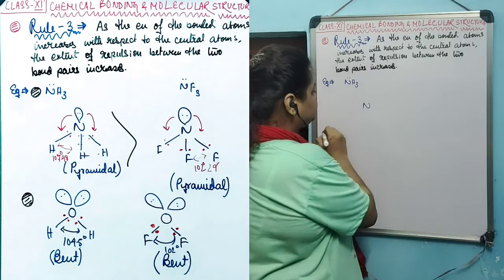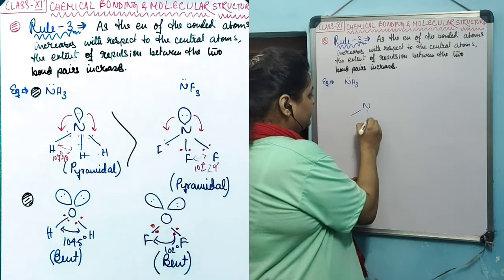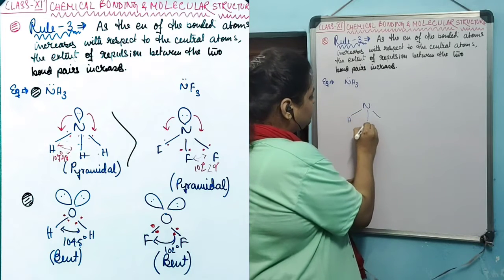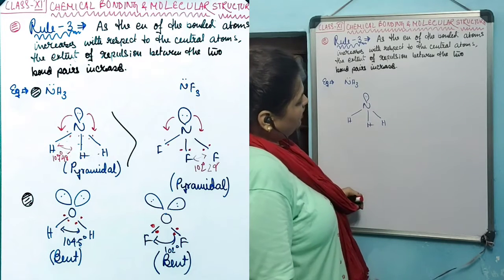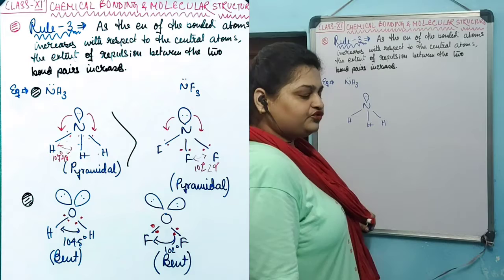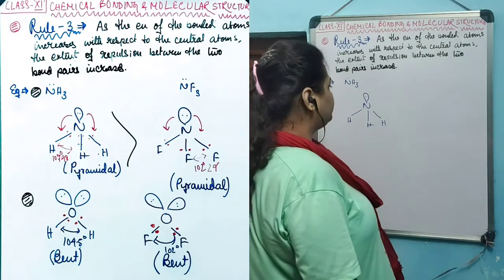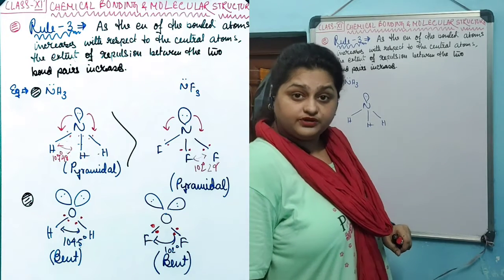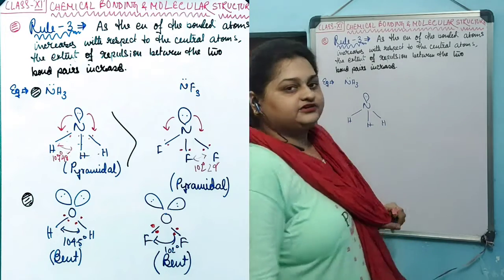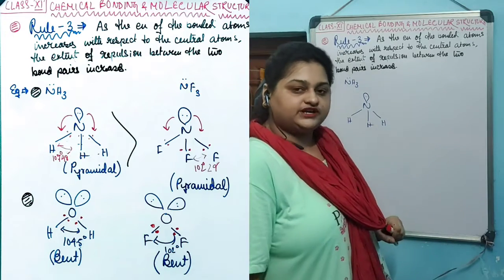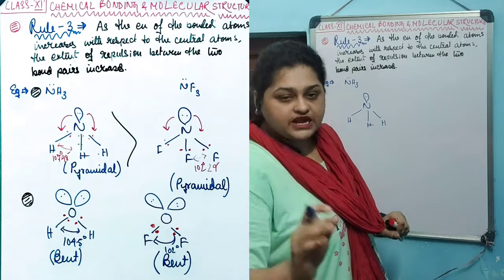In that case, nitrogen is going to be situated here. There are 3 bond pairs between nitrogen and hydrogen, and 1 lone pair on the nitrogen atom. So there are 4 electron pairs. So this should have been a regular tetrahedral, but because there is 1 lone pair instead of a bond pair, this is an irregular or distorted tetrahedral shape known as pyramidal shape.